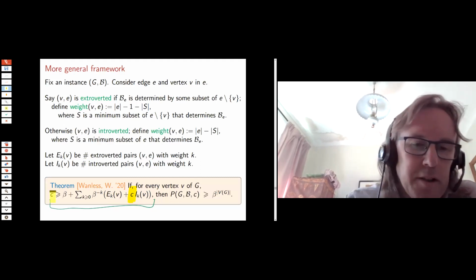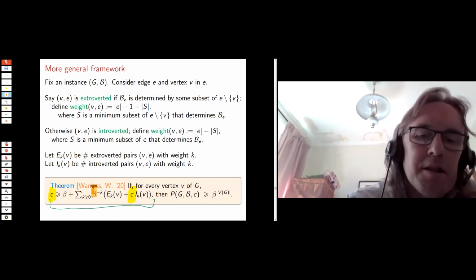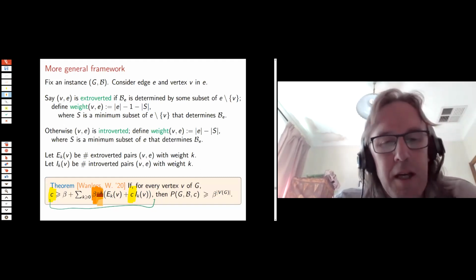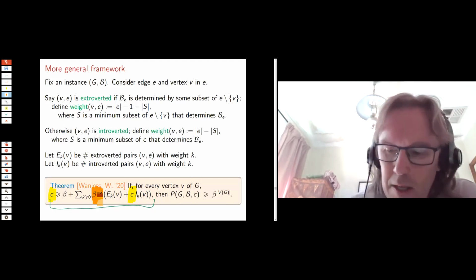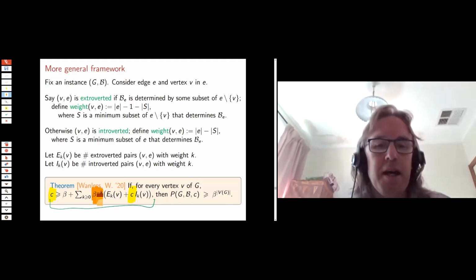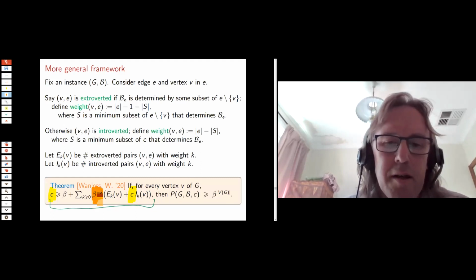Now, it might look like this is sort of a circular equation, but it's okay because there is this beta to the minus k term here, and that becomes small, so that you do get solutions to this equation. And you can optimize it in much the same way. Sometimes that takes a little bit more work, but you certainly can do it.